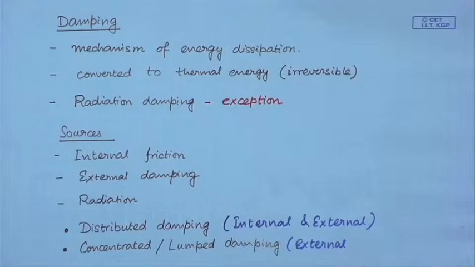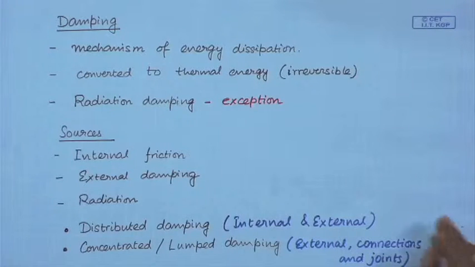This typically occurs when we have, let us say, a Stockbridge damper in high tension cables. So, that is a concentrated or lumped damping, which is an external damping, and it can happen at connections and joints. We can have concentrated or lumped damping at connections and joints, say for example, riveted connections, etc.